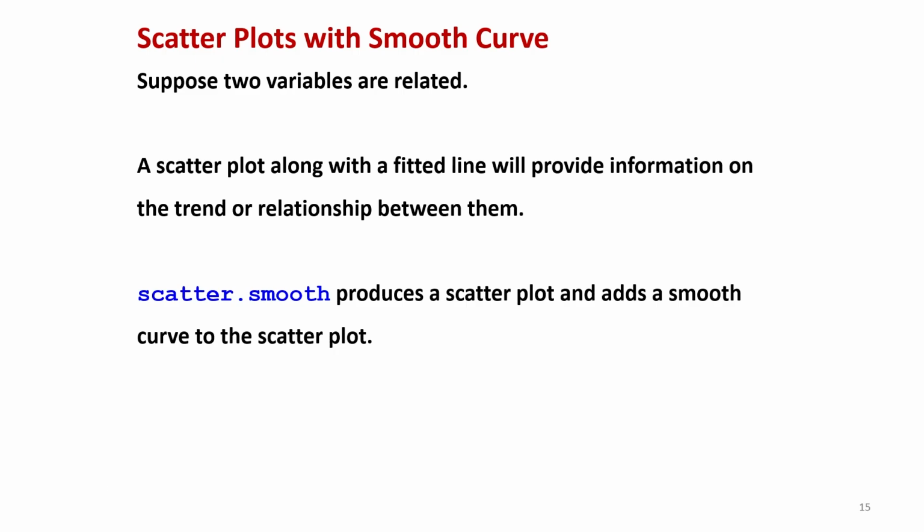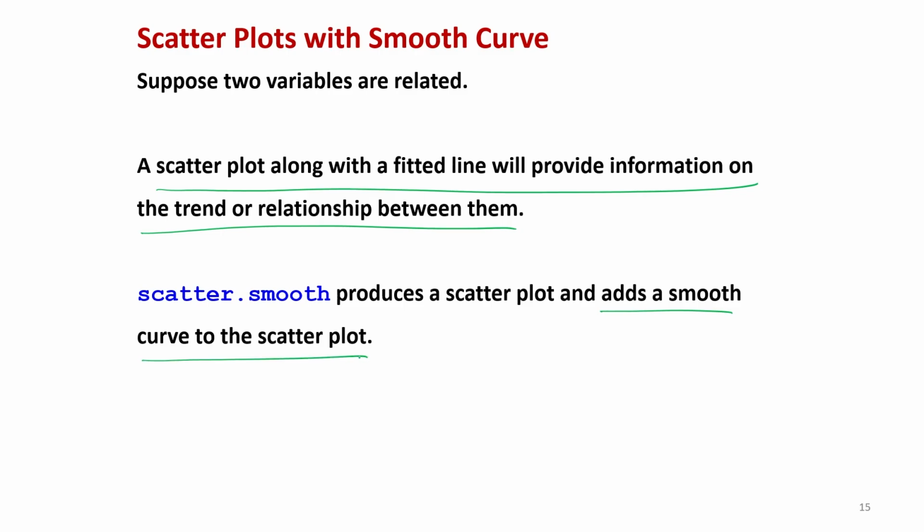So this I can do, and I can create a smooth curve between the relationship depicted by the observations on x and y, right? A scatter plot along with a fitted line will provide information on the trend or relationship between them, right? In order to add a smooth curve to the scatter plot, I can use the command scatter.smooth, all in lowercase.